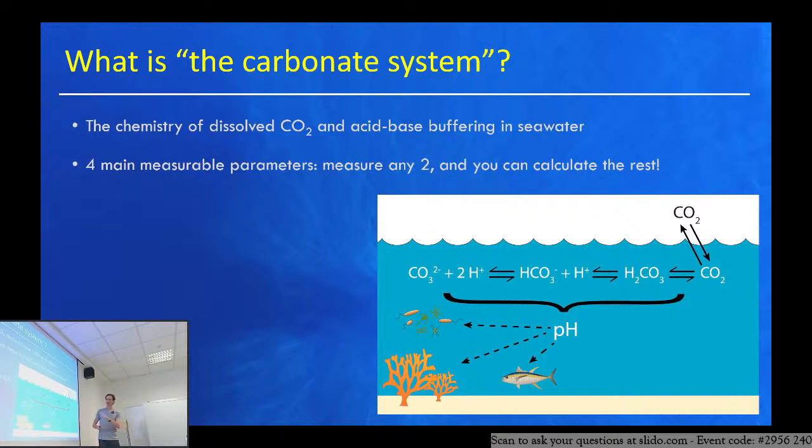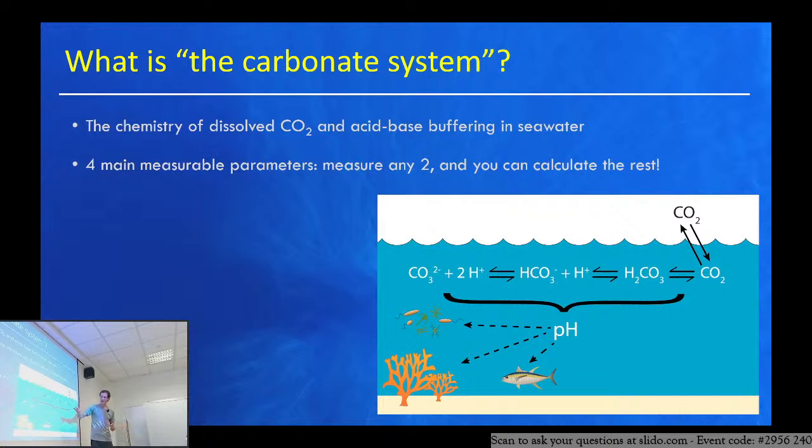These are DIC, the total dissolved inorganic carbon, the partial pressure of dissolved CO2, pH, essentially the proton concentration, and then something a little more esoteric, the total alkalinity.